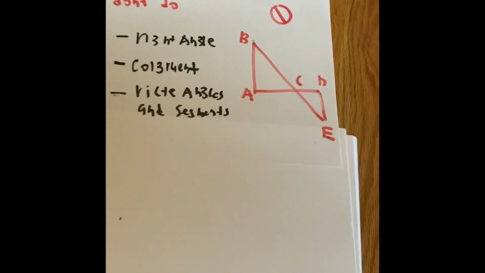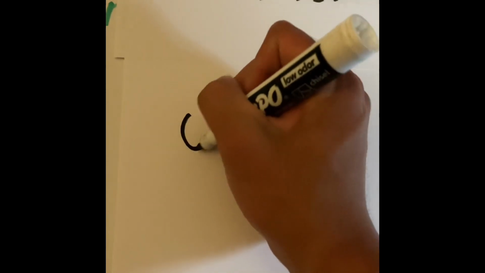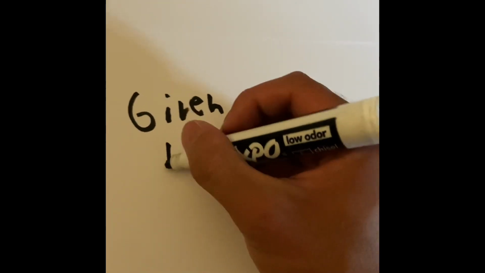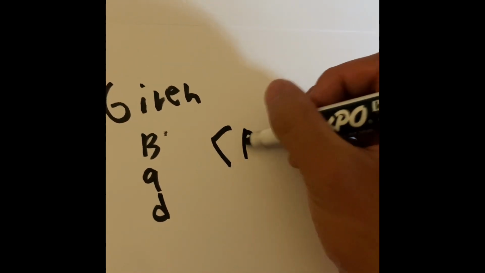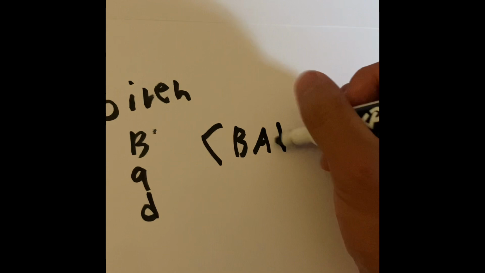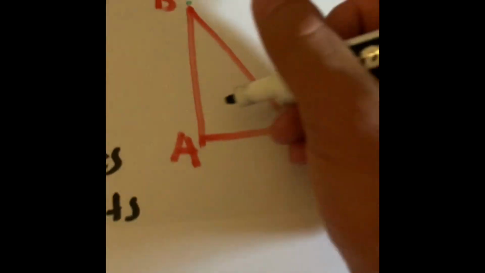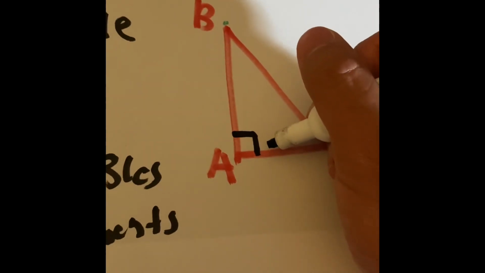However, we can start assuming the don'ts if it's given to us, like if we say angle BAD is a right angle. It only works if it's given to us, or if you see a symbol or marks.